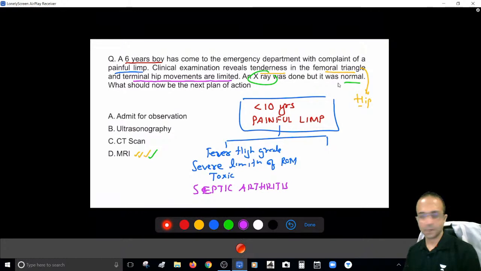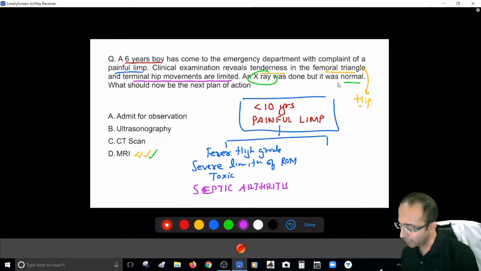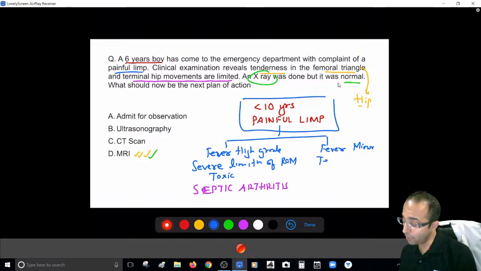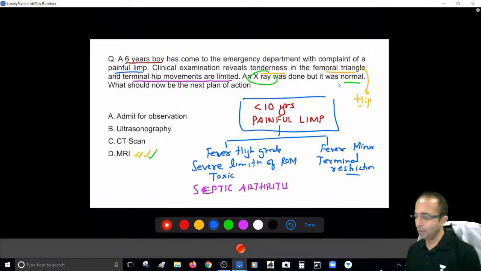Clear? Now the second scenario, where you have fever that is minor type or maybe no fever, and where you have the terminal restriction of the movements, as in this case. What should be your first diagnosis?